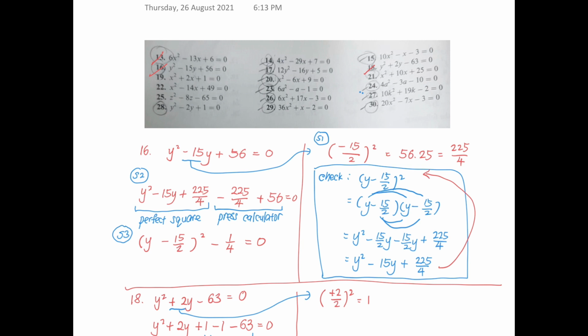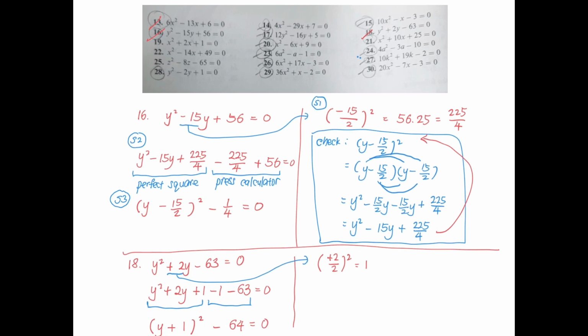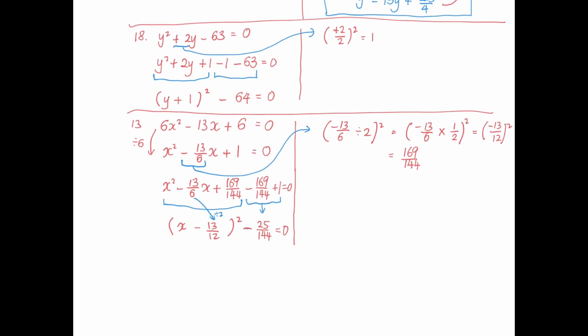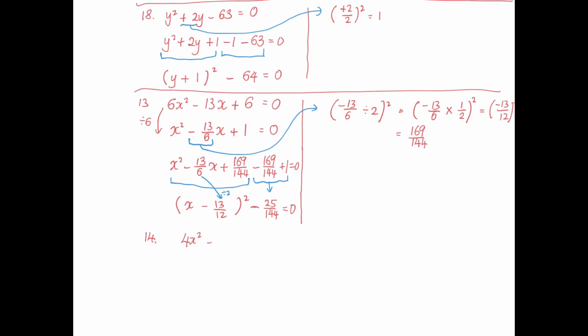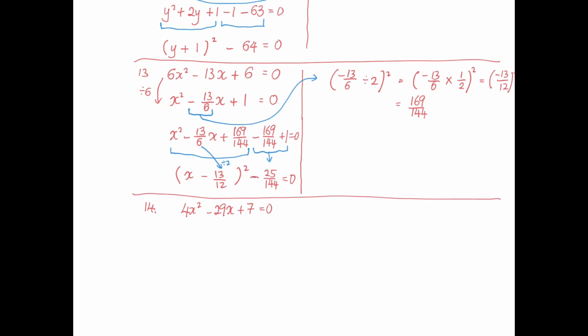Okay, so now let's see 14. 4x squared minus 29x plus 7 equal to 0. You can just follow question 13.